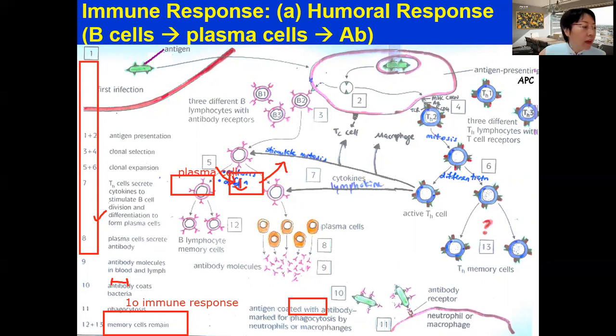Who will remove? Andrea Pang says neutrophil or macrophage. Very good. Okay, you see very clearly right in the diagram. First you must know what the antibody will do. Antibody must bind to antigen, right? And then there are 6 ways it will function. You already learned 6 ways it will function. So this diagram actually shows only one of the ways, which is opsonization.